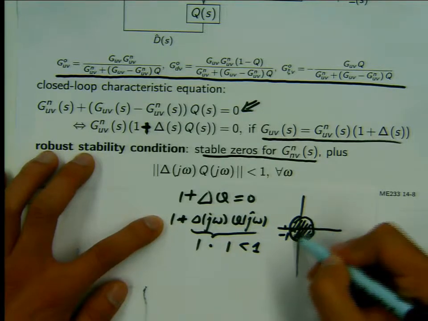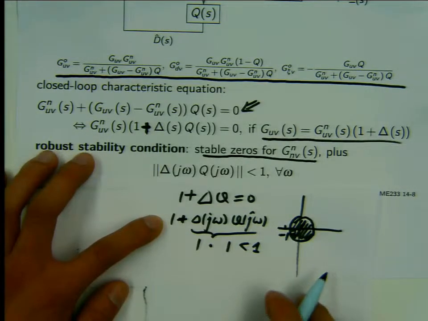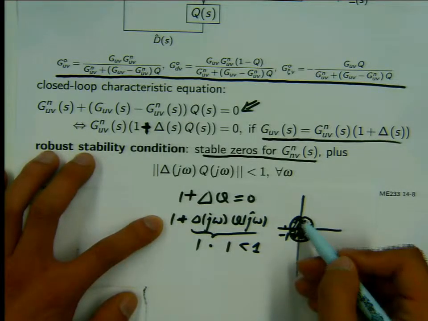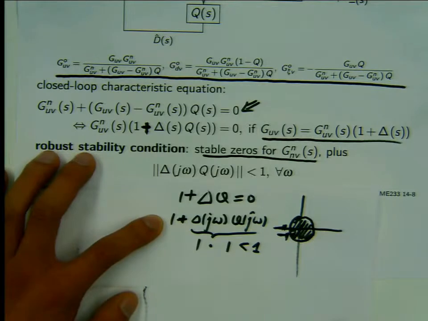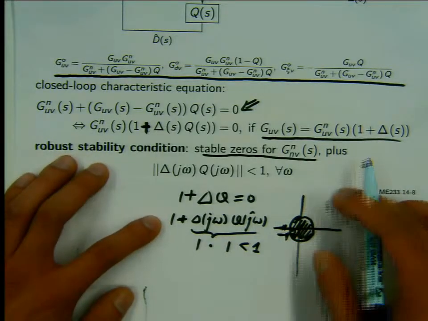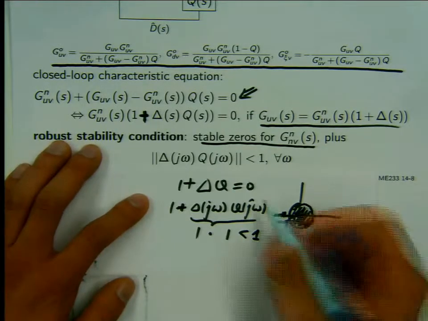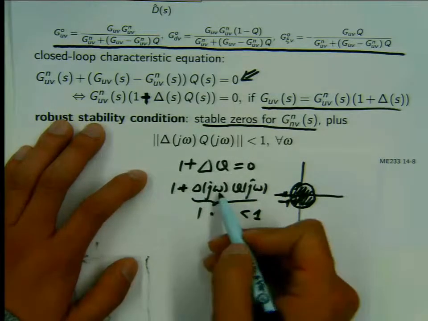So that means it lies inside a ball whose radius is less than 1. So if this happens, this guy is never going to be able to touch the -1 point. Impossible. Very similar to a Nyquist analysis. If that holds, then the closed-loop roots from here are all stable.